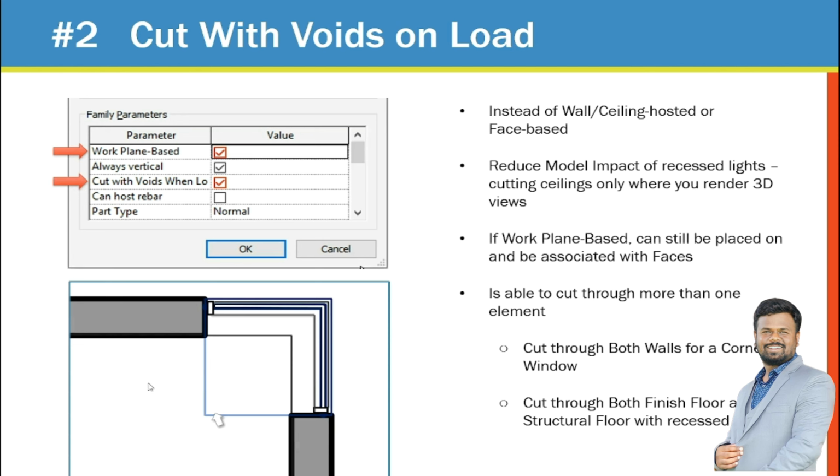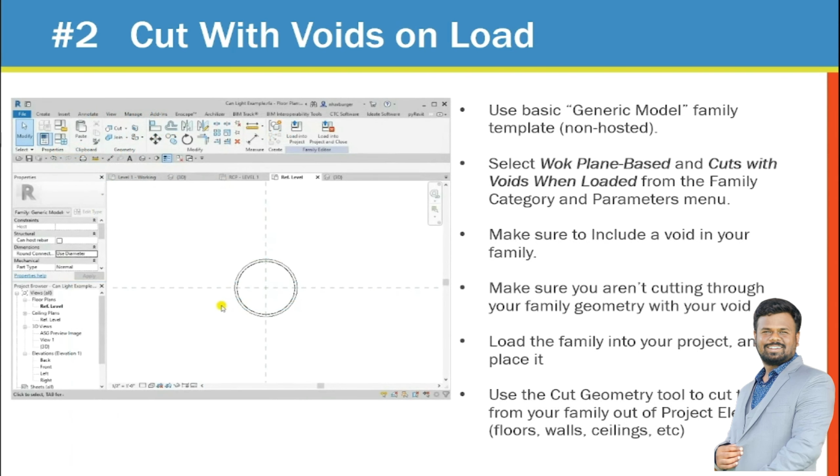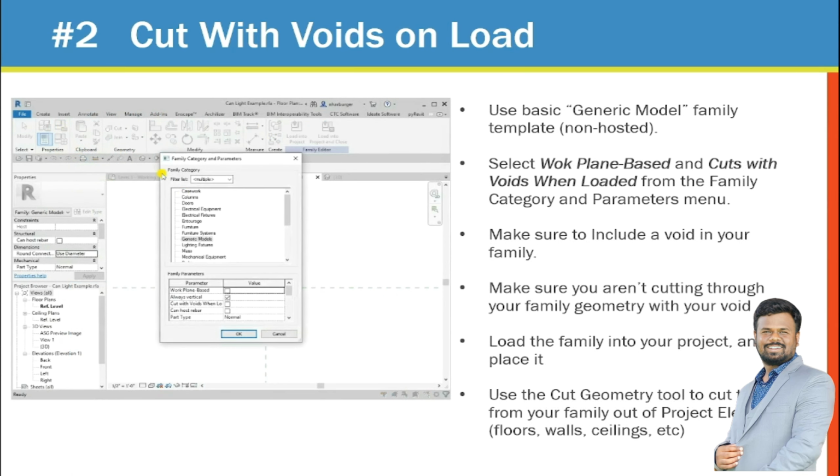So what we do is go ahead and take your basic recessed ceiling light and activate this work plane based and cuts with void when loaded options, and hit OK.